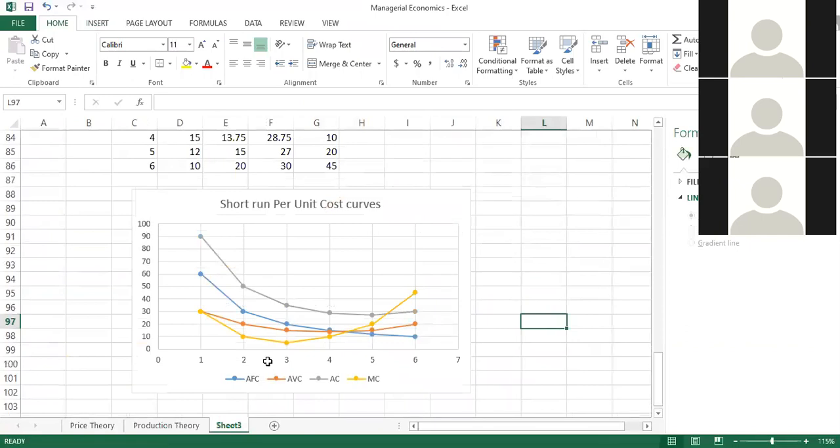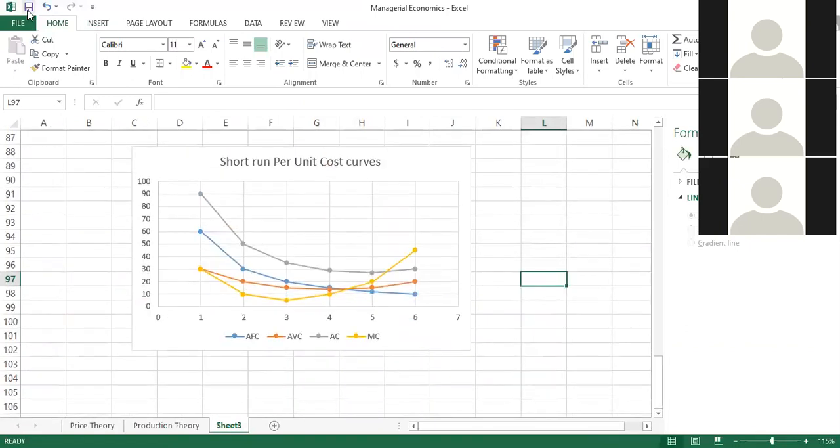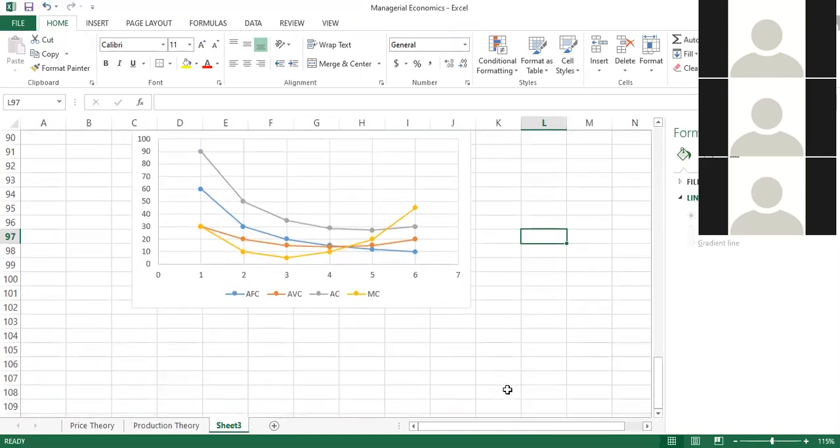Here, between cost curves also, we can identify a very important relationship, mainly between two curves: average cost and marginal cost.